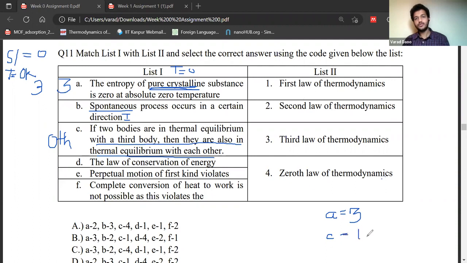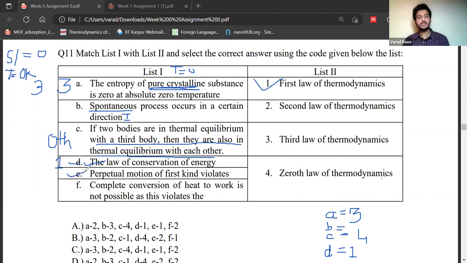Then we go to D, the law of conservation of energy. We know this is the first law, so D is 1. B, let's say we don't know. Here what we have is perpetual motion of the first kind.